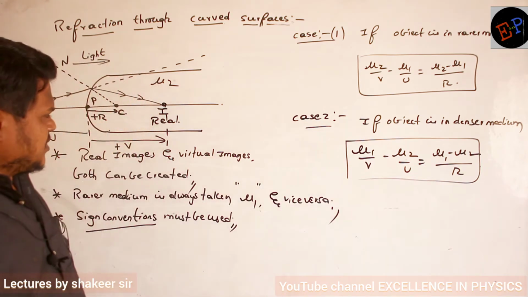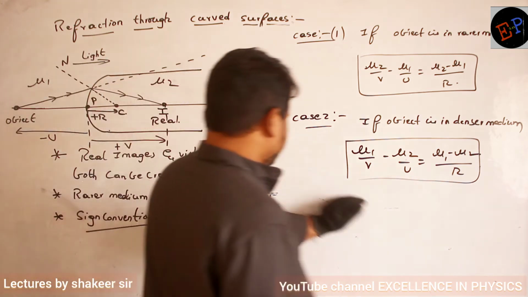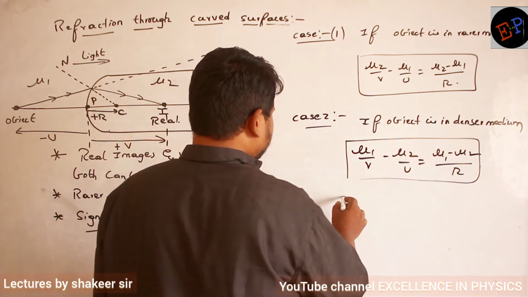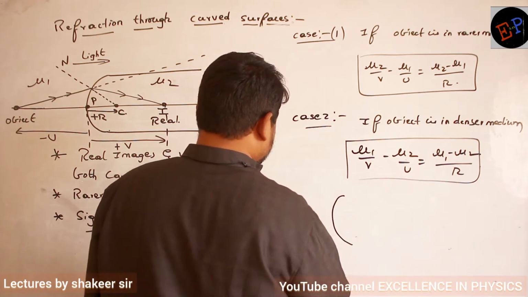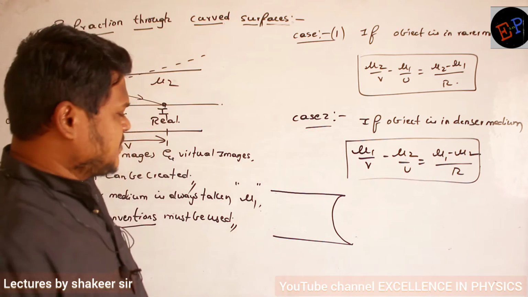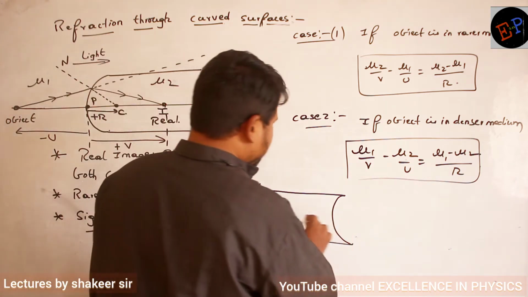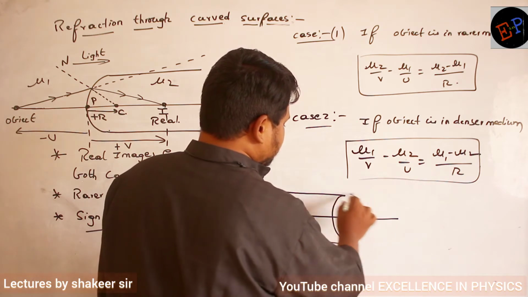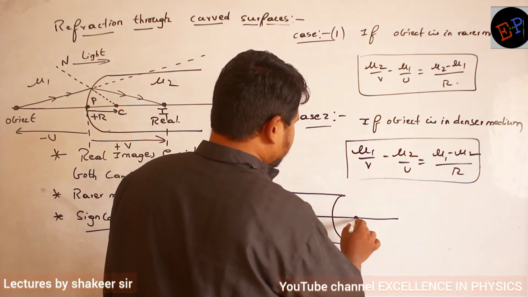Let us write one example of this one. Say for example, consider this is a concave refracting surface, and this is the principal axis, and center of curvature, let us suppose it is present somewhere here.